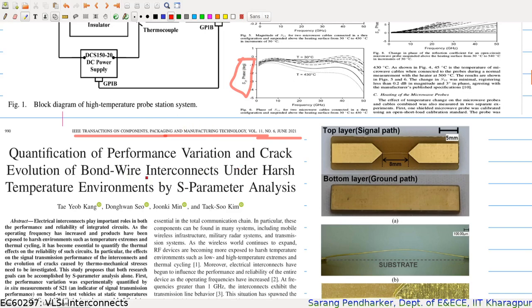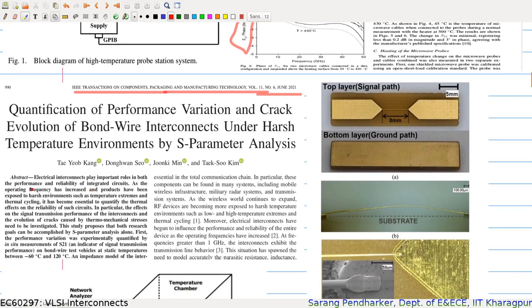So you can go through this. I would refer you to this paper. What they say is that because of thermomechanical stress, cracks can evolve and they need to be investigated.